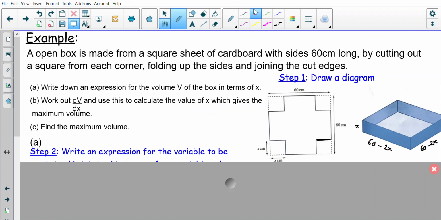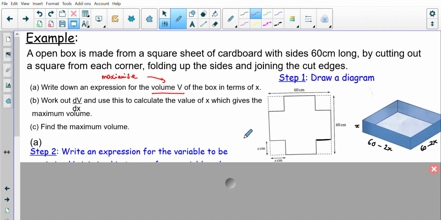So when reading these questions, have a look and see: is it about area or perimeter in a 2D shape? Is it about volume or surface area in a 3D shape? And which of those things are we trying to maximise or minimise? This one's about volume, and we're trying to maximise the volume of our box. So we're going to make a note of that there.